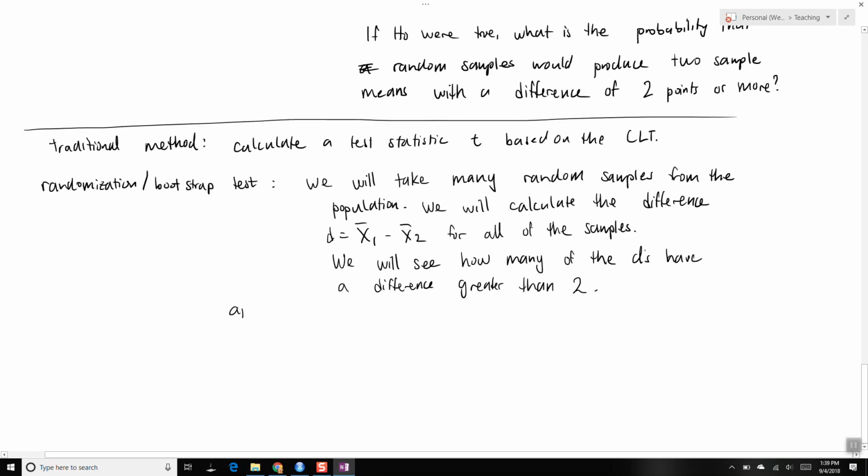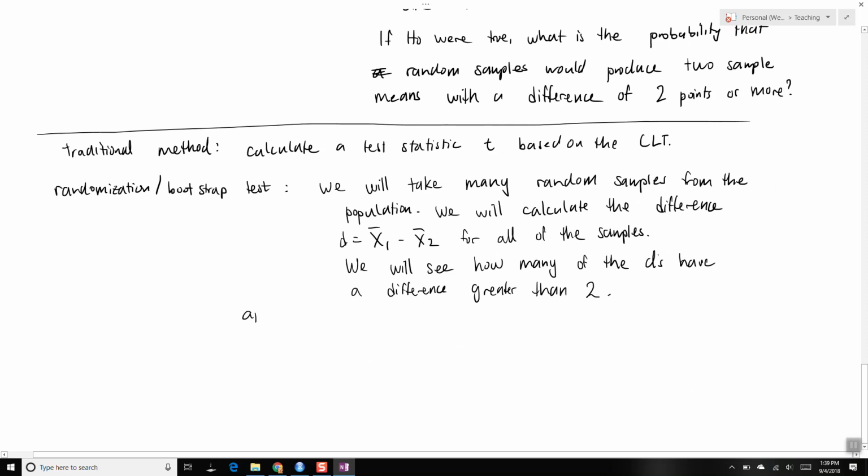Our estimated p-value will be the proportion of D's, the number of D's where the absolute value of D is greater than 2, divided by the total number of D's.